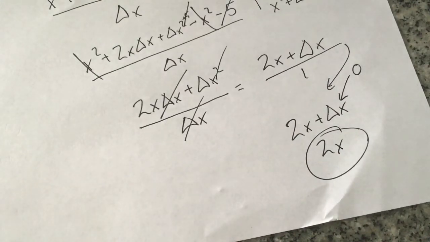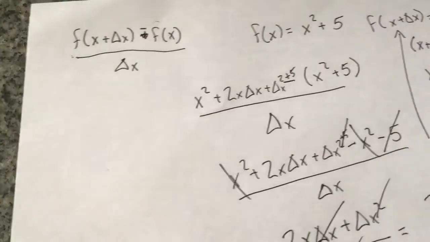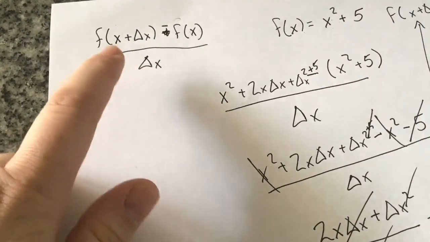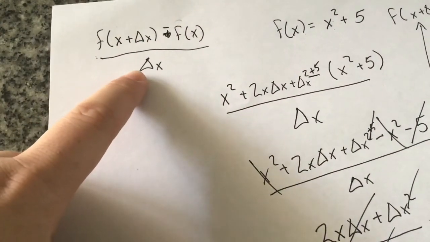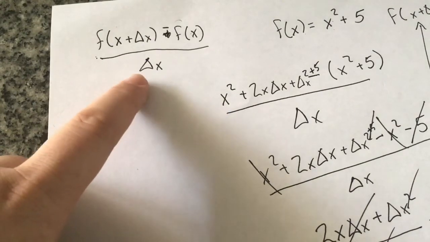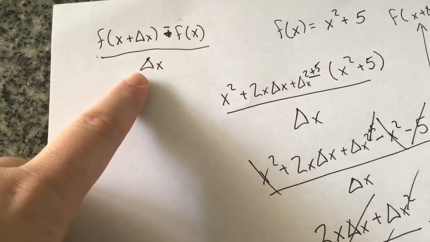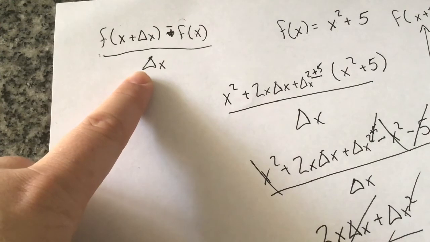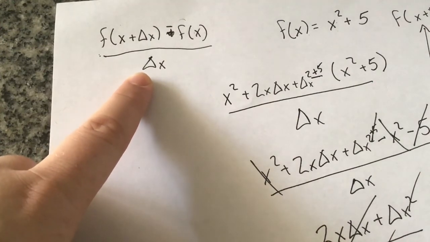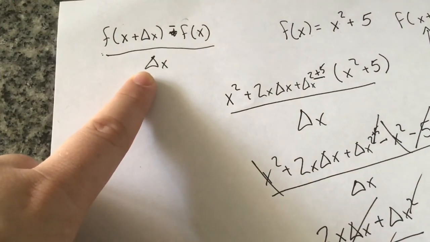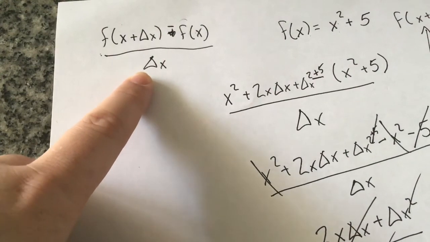Now you may be wondering, why didn't we just consider delta x to be 0 from the beginning? If it's 0, if there's no change, why did we not make that consideration? Well, if we would have considered delta x to be 0 at the beginning, we would have ended up with a denominator of 0 right here. We can't have that. In math, if you have a denominator of 0, then ultimately you have an equation that is undefined, or a number that's undefined.